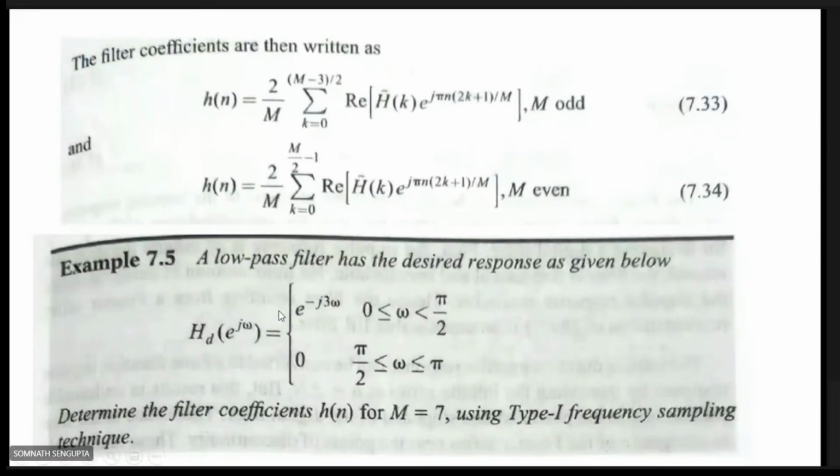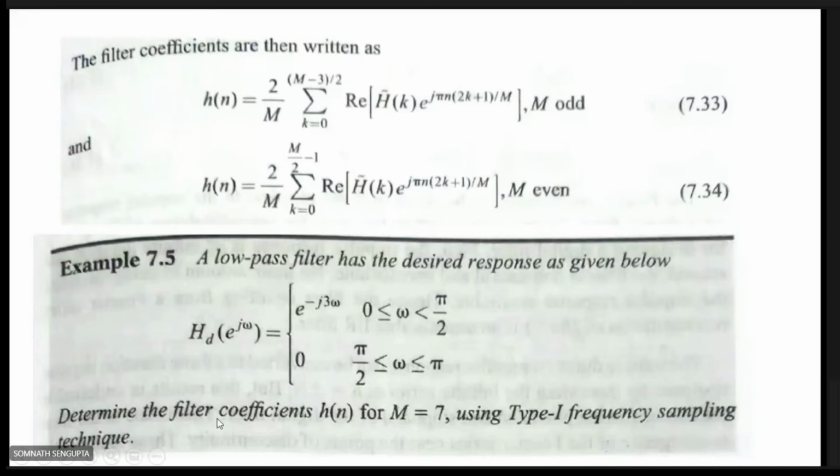So this example: a low pass filter has the desired frequency response as given below. For omega in the frequency range 0 to pi by 2, Hd(omega) is e to the power minus j3 omega, and for pi by 2 to pi, it is 0 for the whole frequency range.